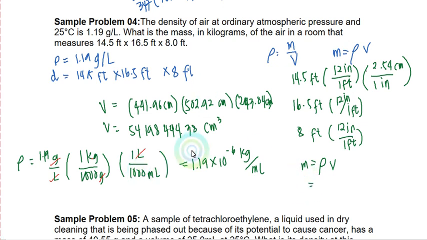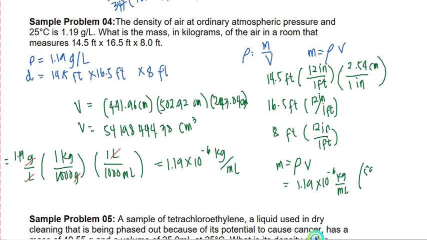The density we got is 1.19 times 10 raised to negative 6 kilogram per ml, multiplied by your volume, 54,198,444 cm cube.